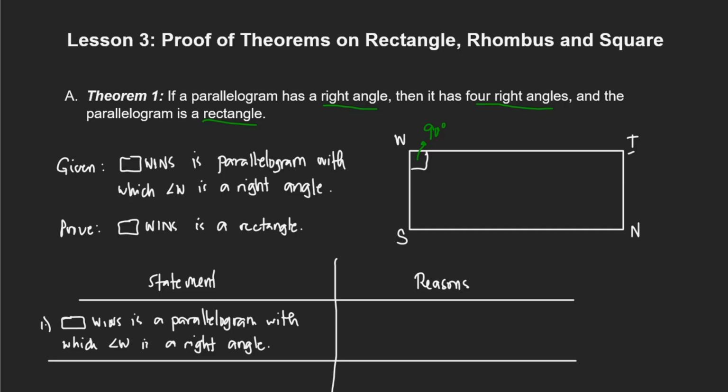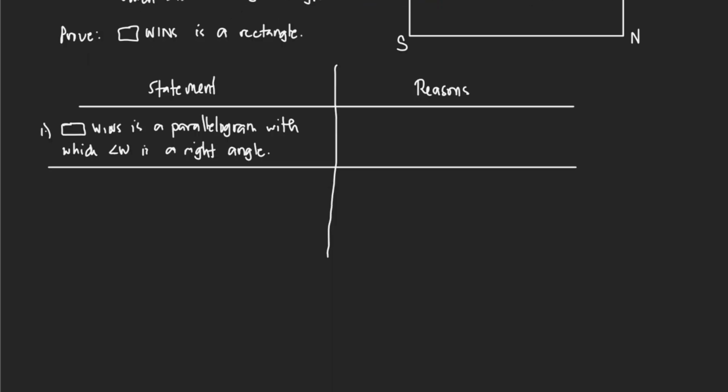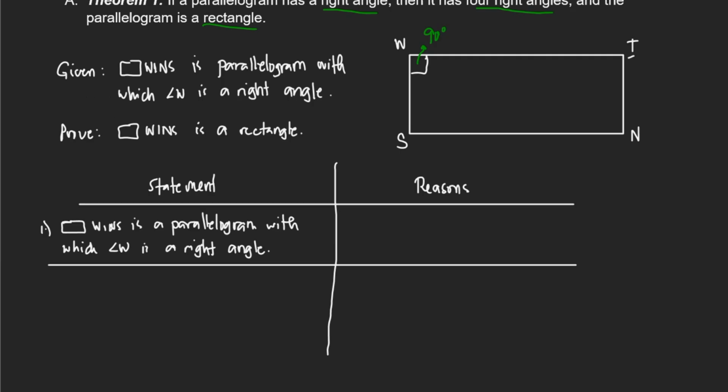So let's begin with the first statement. The first statement: the parallelogram WINS is a parallelogram in which angle W is a right angle. If you observe, the reason for this one is already given. So yung sagot natin dito is given. Kasi if you observe with our problem, nandun na siya sa ating given.